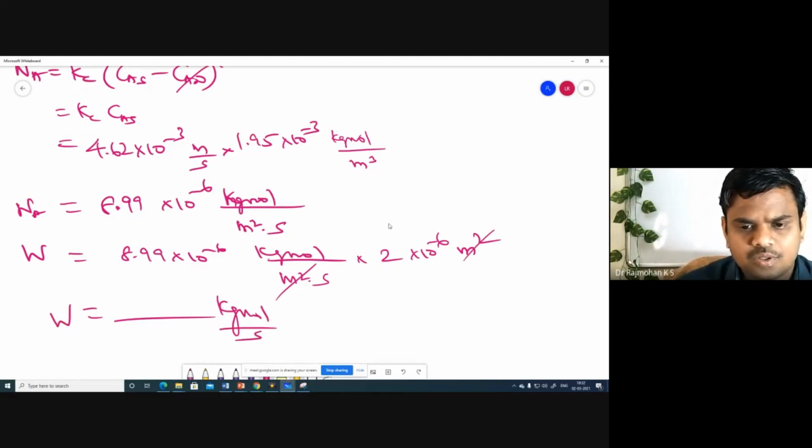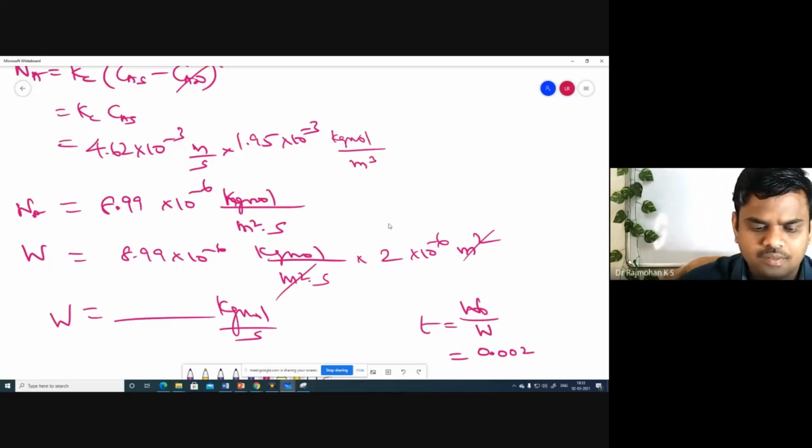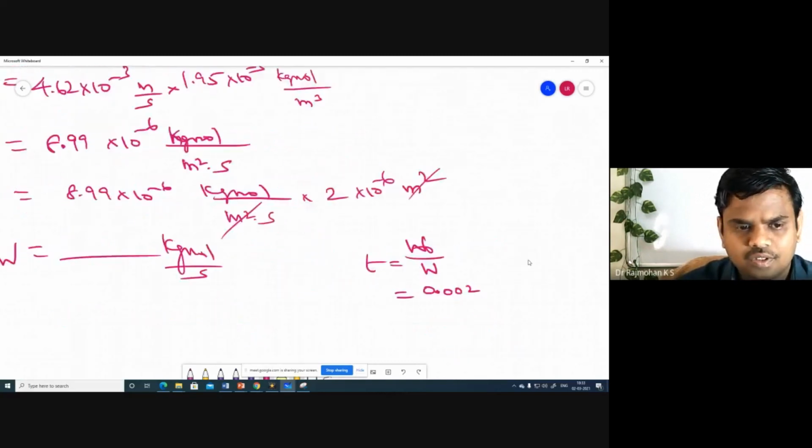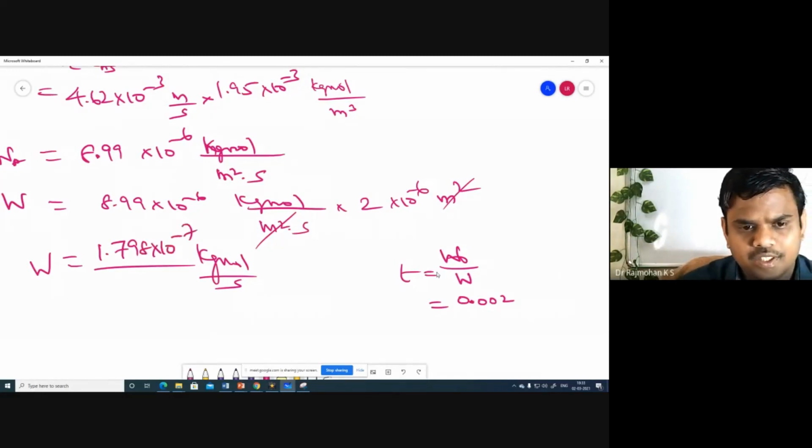Okay, so substitute to get W naught by W equal to T. Initially we have 0.002 gram moles, so that is 2 into 10 power minus 6 kg moles. First the W value you determine; you will get around 1.798 into 10 power minus 7 kg mole per second.